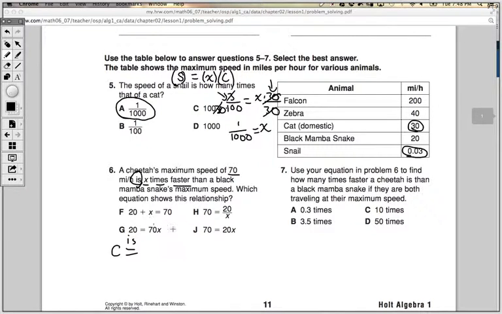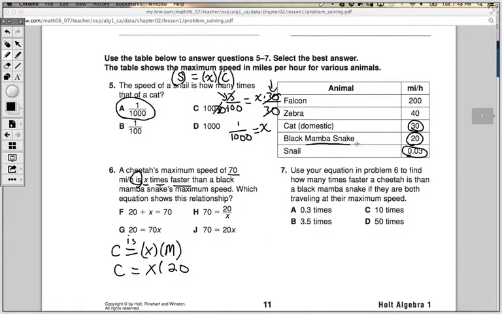The cheetah is X times faster than the snake's maximum speed. And what's a mamba? Do we have a mamba in here? Yeah, we do. Black mamba snake, and that's 20 right there. So the cheetah is X times 20.